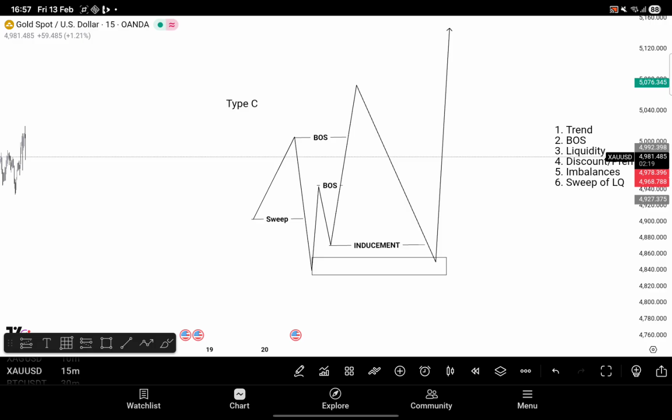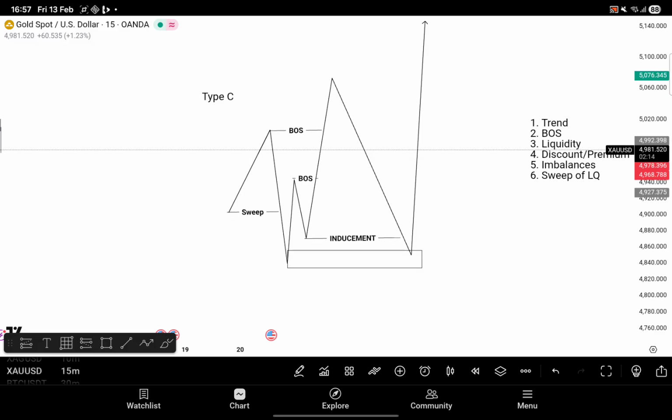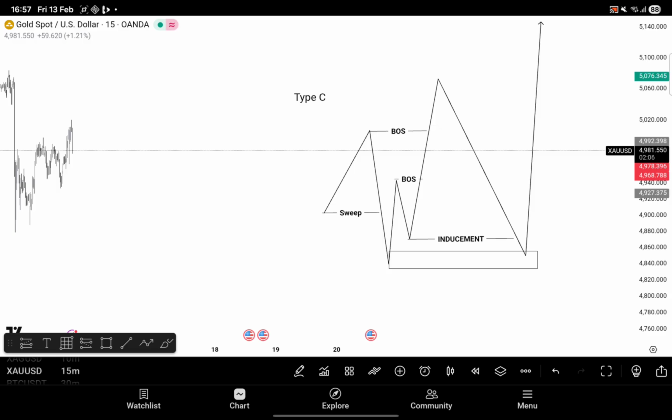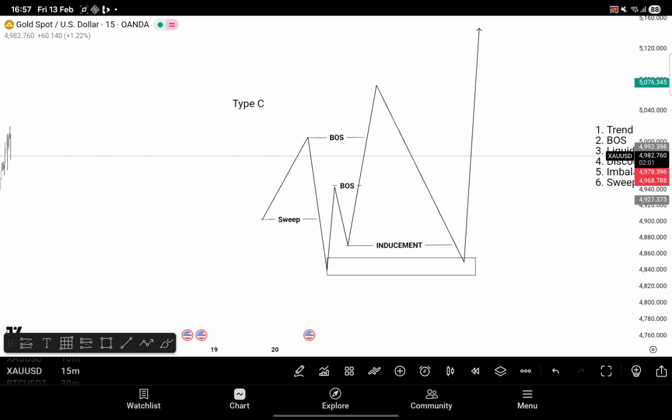I believe you have your jotters and your pen with you already to note down everything. We would all agree that before we talk about entry models, market structure should be in place already. That means you should have determined your market structure, whether the market is buying or selling.